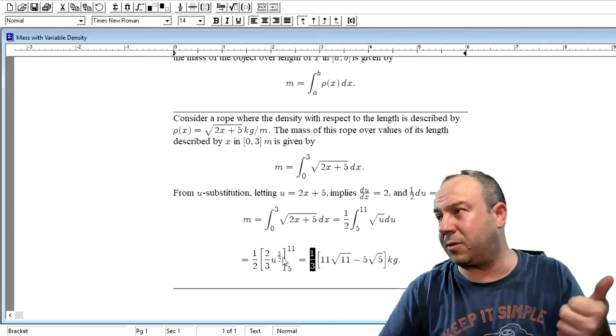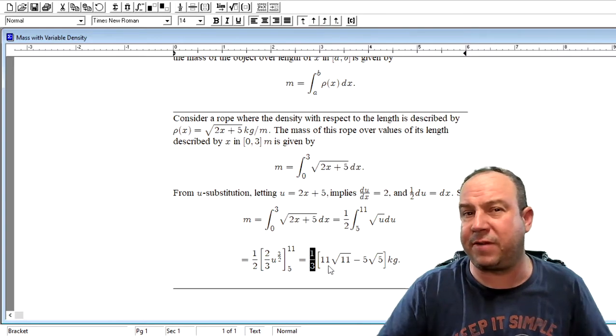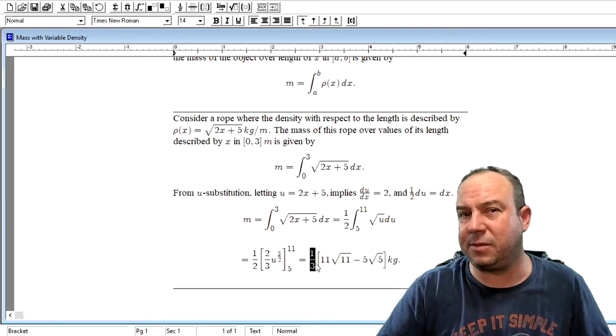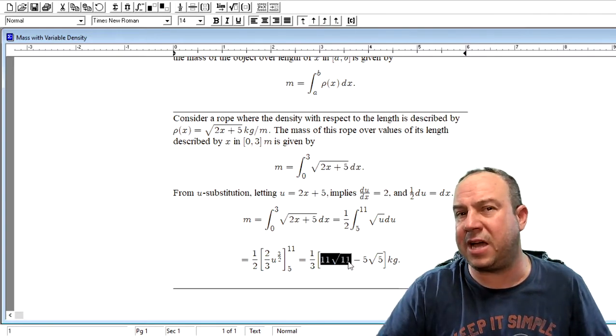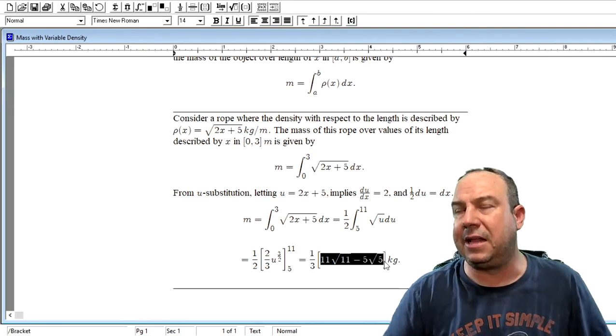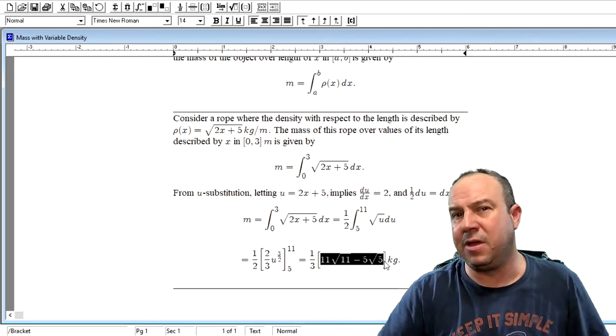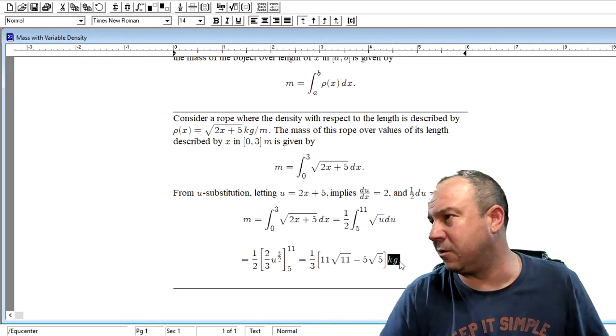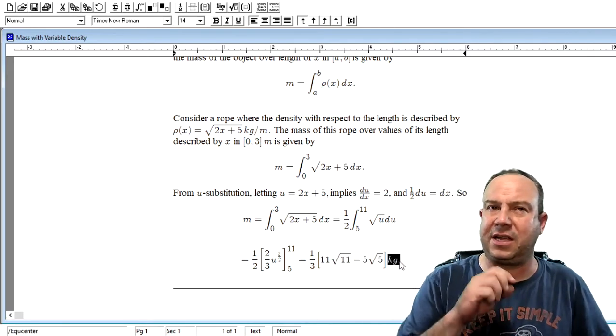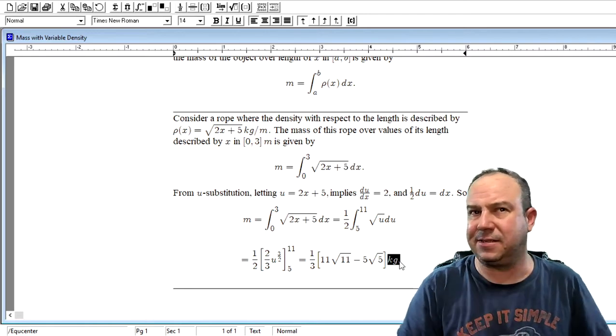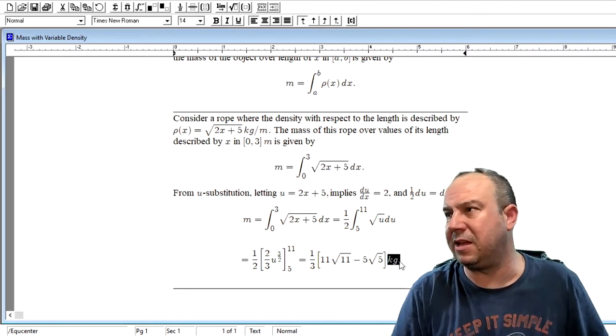And 5 to the 3/2 power is just 5 times the square root of 5. So this might simply be written as 1/3 times the quantity 11 square root 11 minus 5 square root of 5 in value. And that would be a measurement in kilograms. And that would be our exact mass of this rope over that interval of length.